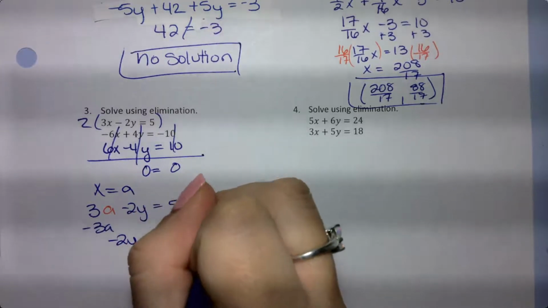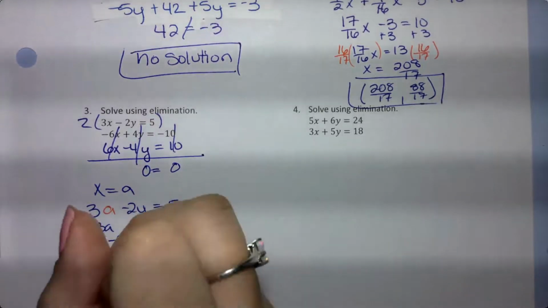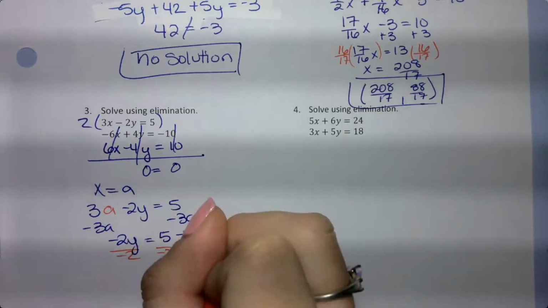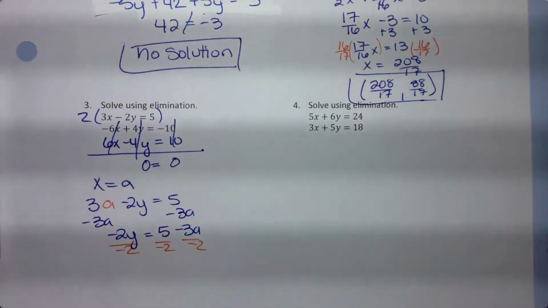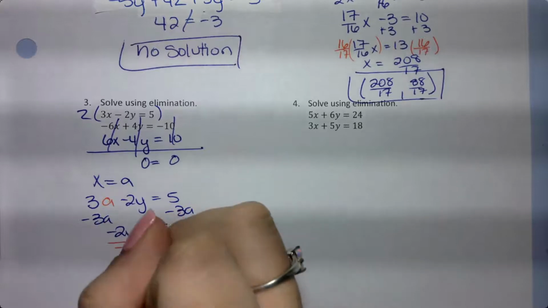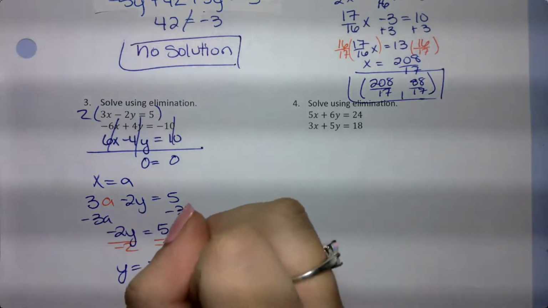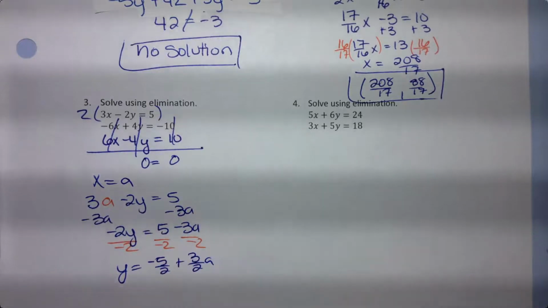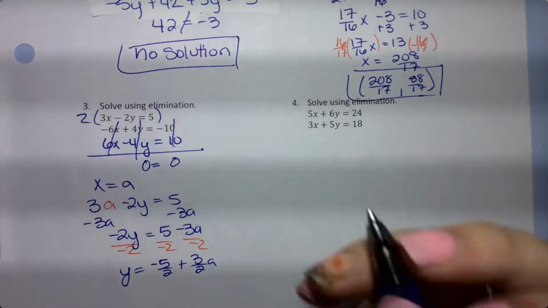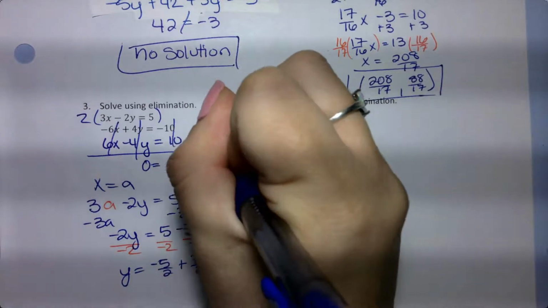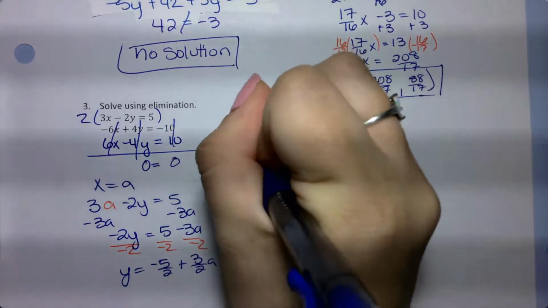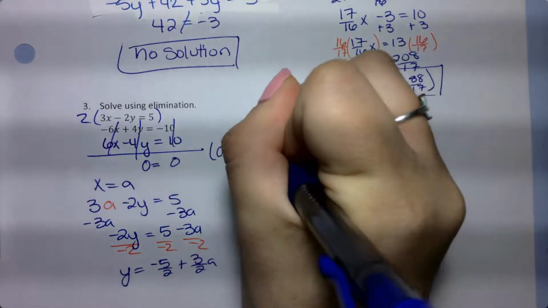I'm going to go ahead and divide each of my terms by negative 2. And I will get y equals negative 5 halves plus 3 over 2a. So this can give me one of the answers. Could be a, comma, negative 5 halves plus 3 halves a.